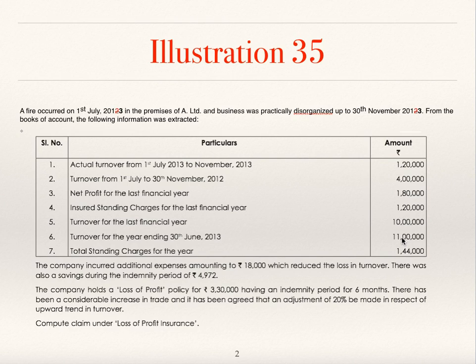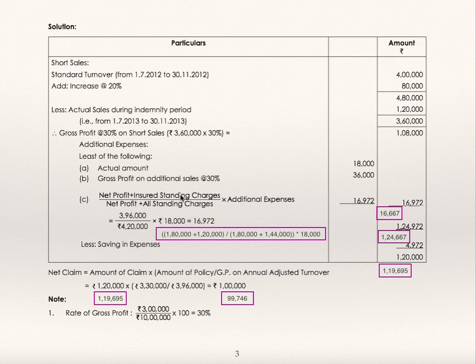So adjusted annual turnover is 11 lakhs plus 2 lakhs 20,000, which is 13 lakhs 20,000. That is your annual adjusted turnover, and 30% of that, because gross profit is 30%, is 3 lakhs 96,000.